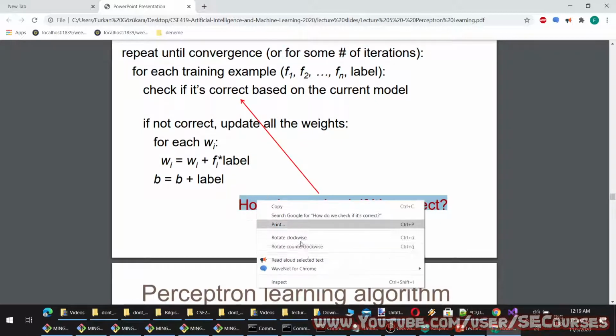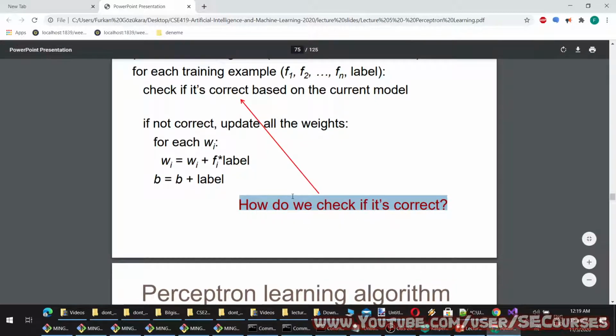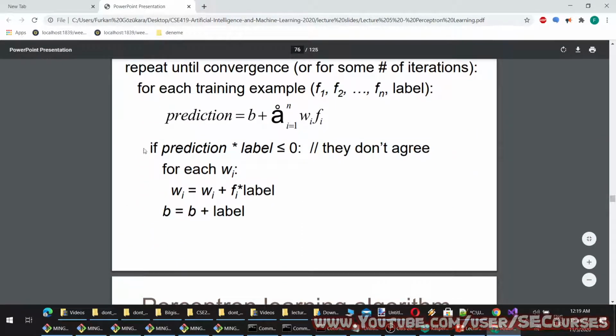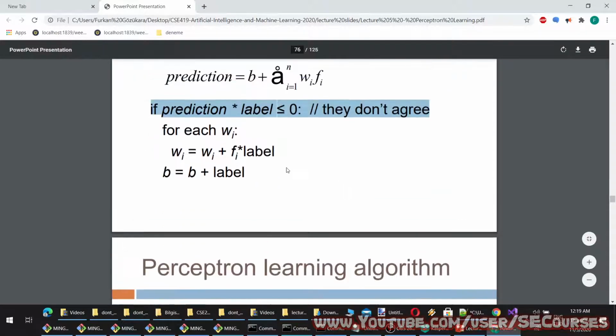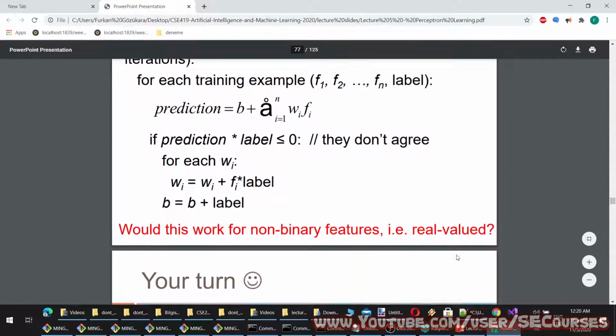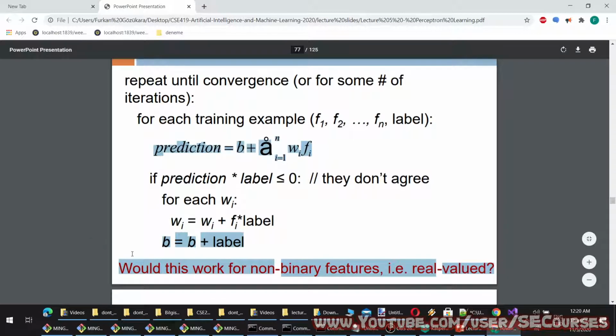Okay, so this is important. How do we check if it's correct? We check with the prediction product label, whether it is below 0 or not. Would this work for non-binary features, i.e. real-valued?